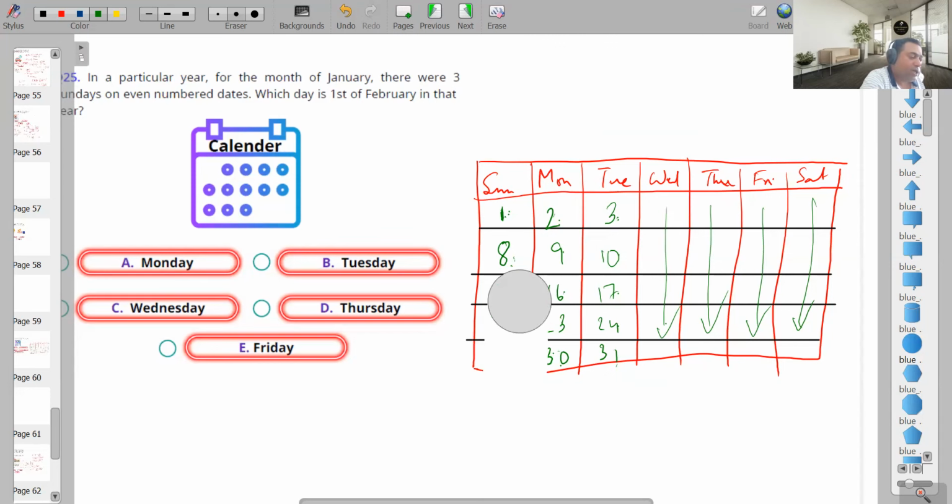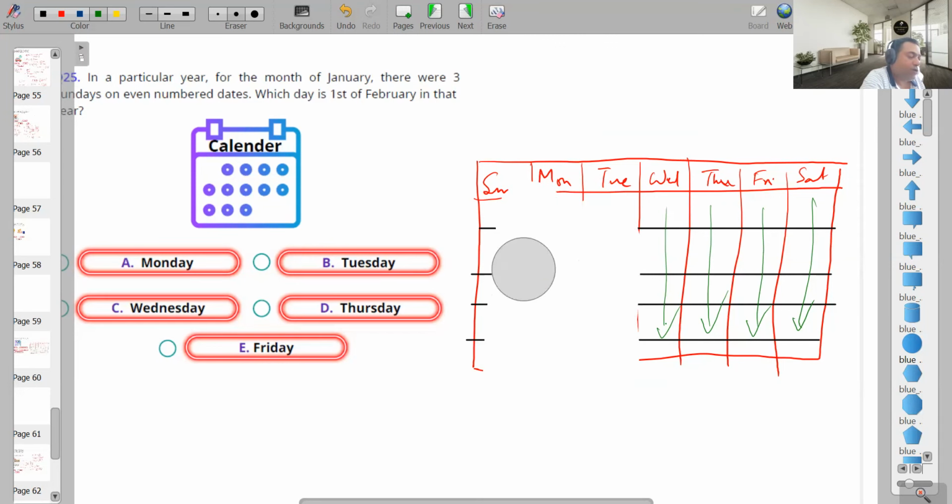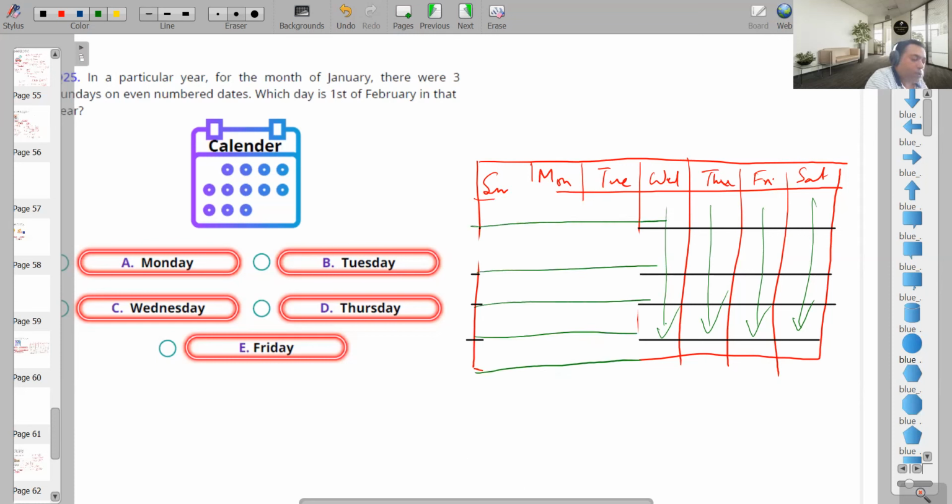So we'll just delete this part, and we need to shift day 2 over there. All right, so day 2 here, we'll put it over here.